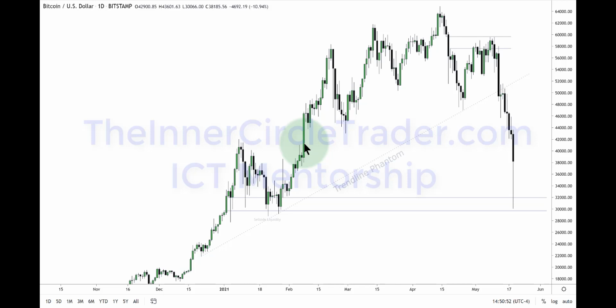Personally, I wouldn't be surprised if it went back down to 20,000 and rebalanced here, because all of this big buildup here, a lot of people made money in this run, and a lot of people up here were anticipating this high being taken out, and then we're going to go to 100,000.